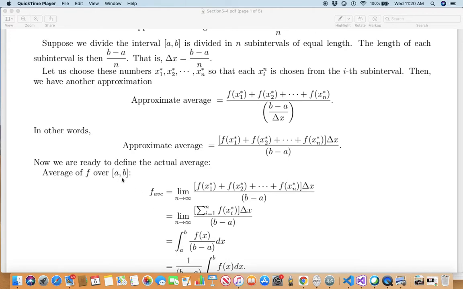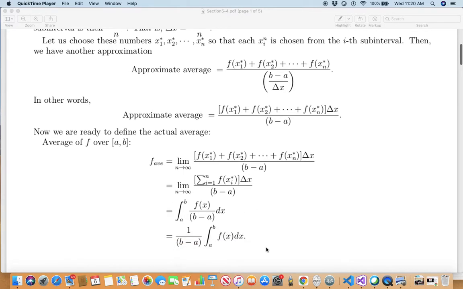My interval's limits are the limits of my integral. The numerator f of x delta x, you basically replace it by f of x dx, divided by b minus a. Now b minus a is a constant. It is not dependent on x, so I can bring it out. So the average value of a function over a closed interval [a, b] is 1 over b minus a, integral from a to b of f of x dx.